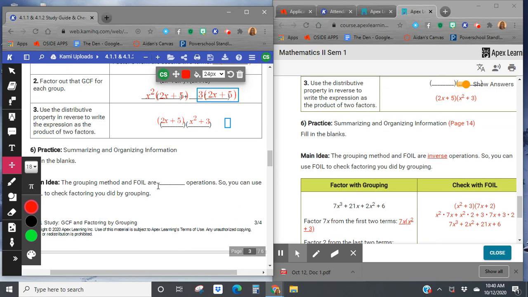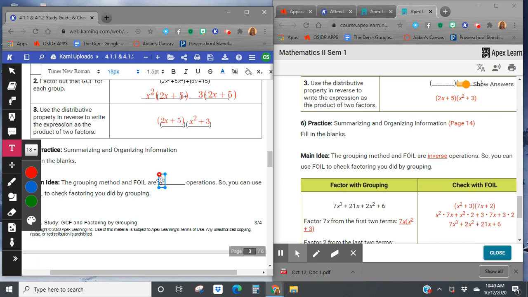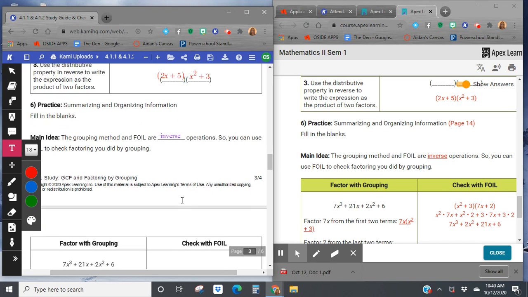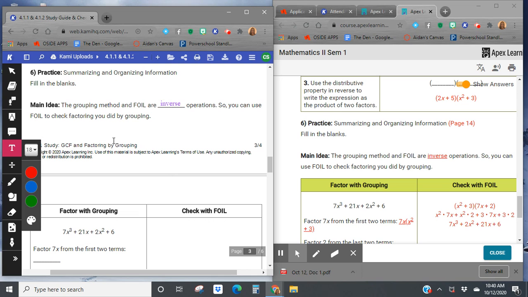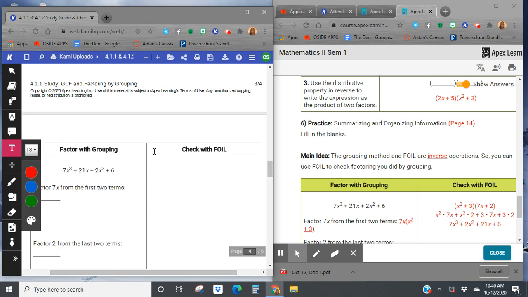The grouping method and FOIL are inverse operations of each other. So you can use FOIL to check the factoring that you did. You can double check by multiplying backwards.